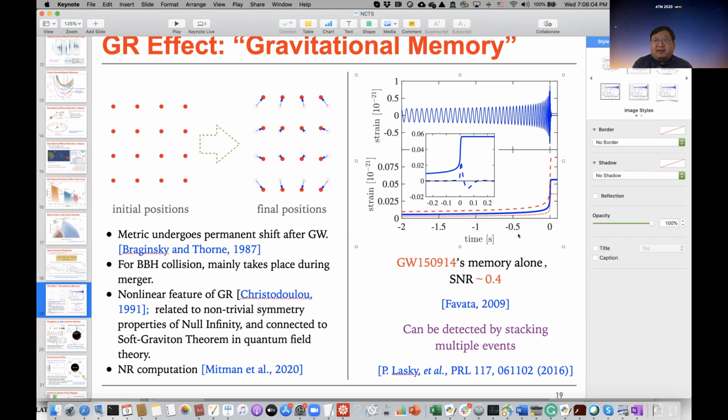And it turns out that our sensitivity right now is not enough to detect a memory effect from a single event. But if we stack together multiple events, it is possible to look for such a shift in the strain before and after the merger part of the wave. So this is about demonstrating an interesting feature in relativity.